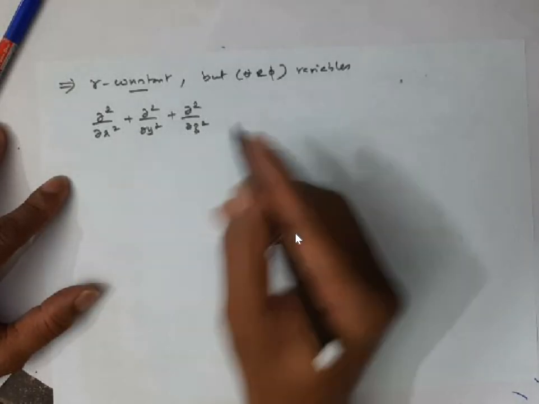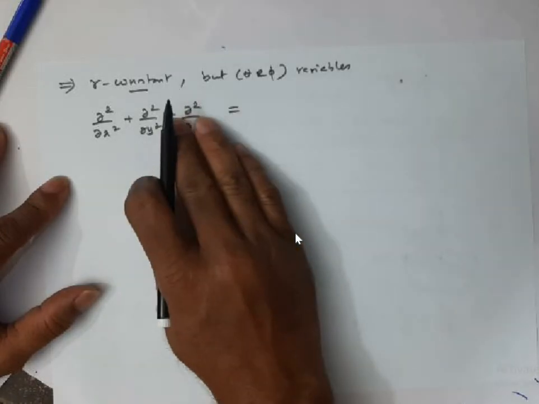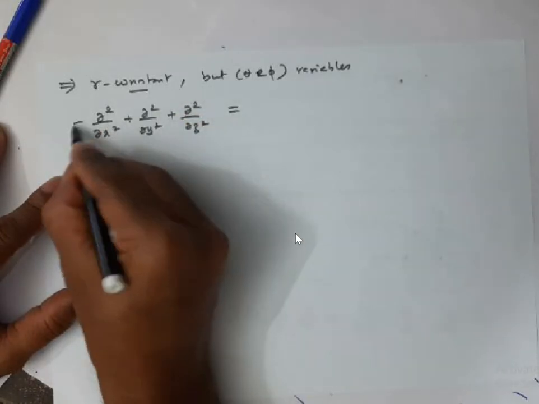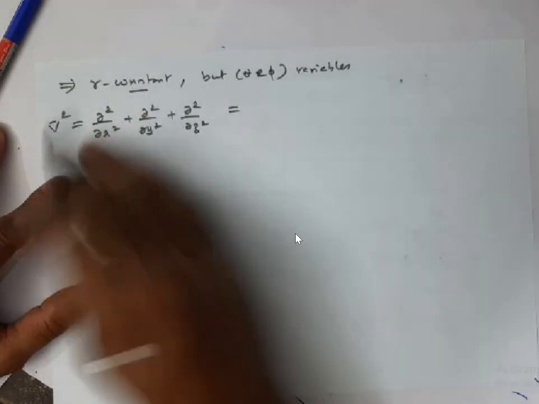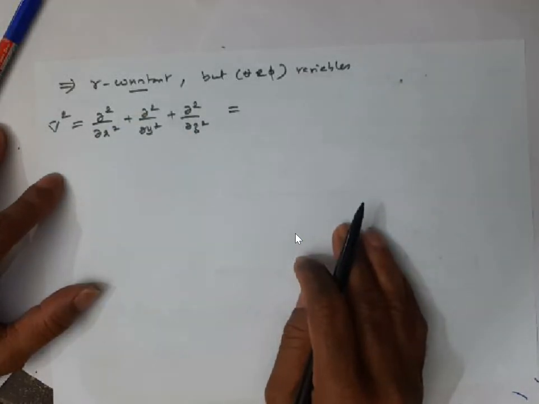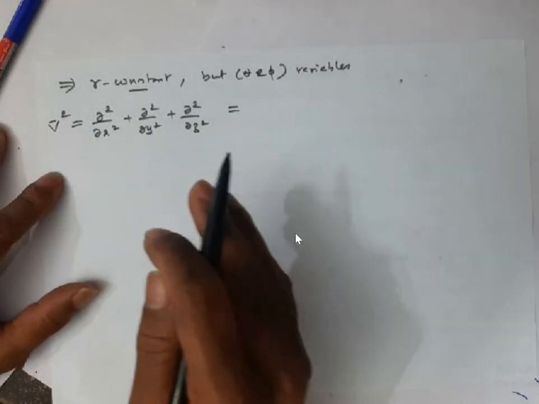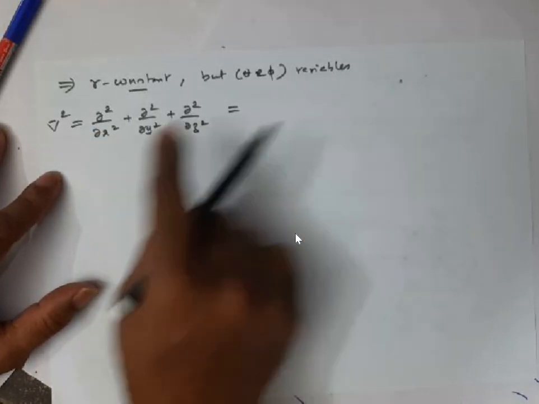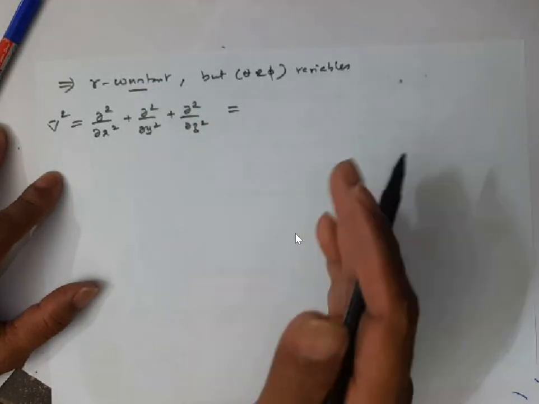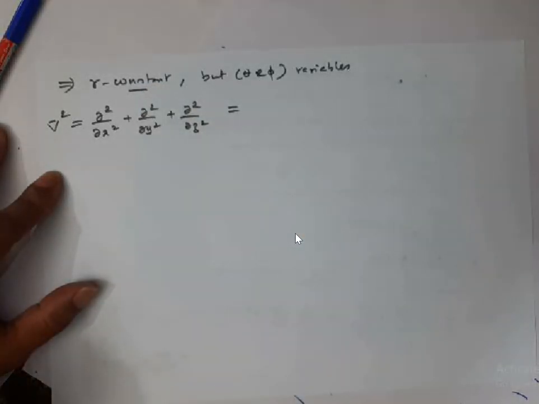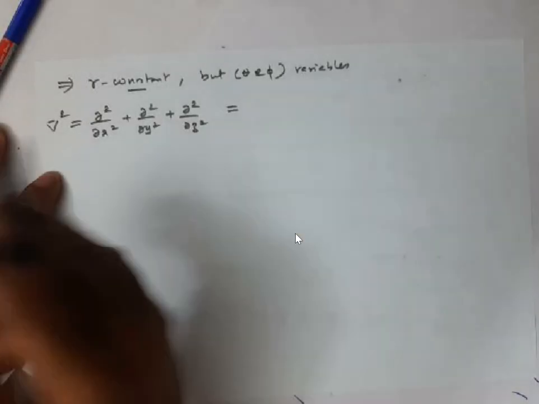Whereas the corresponding Laplacian operator in spherical polar coordinates, the r square term does not exist because r is constant. Therefore, I'll remove the r square term. And what are the remaining terms we have?